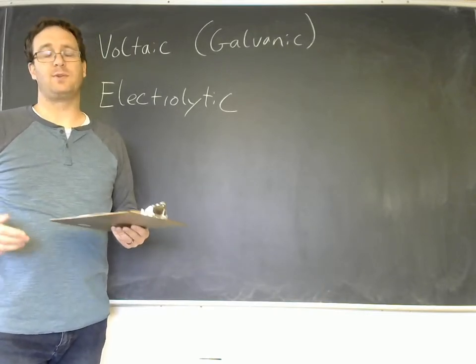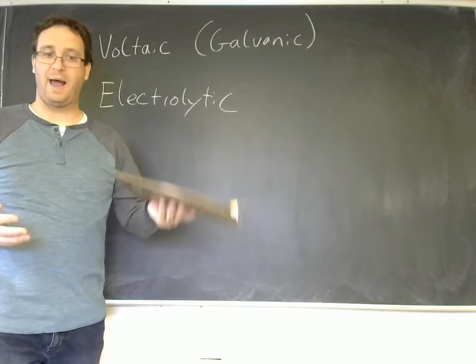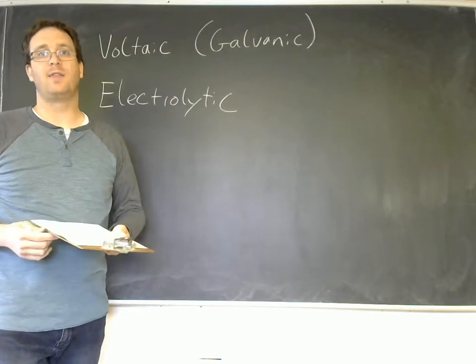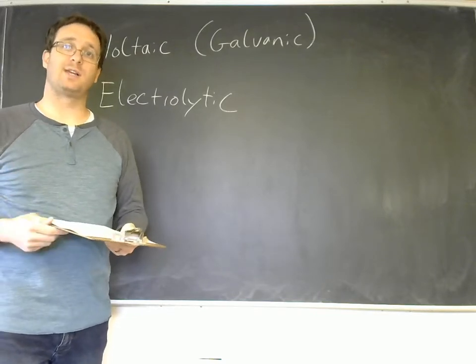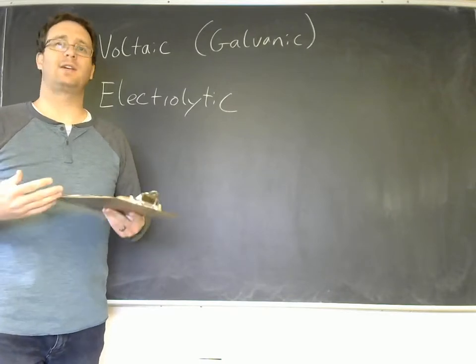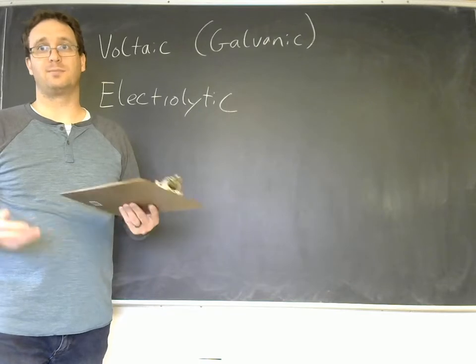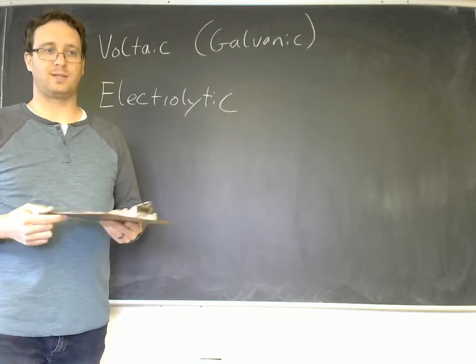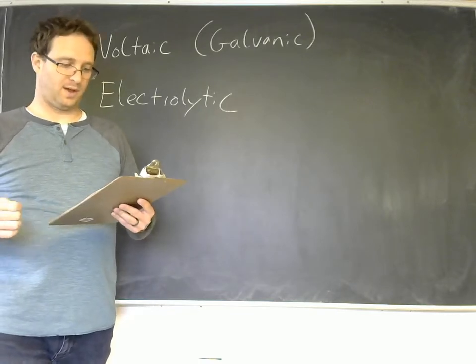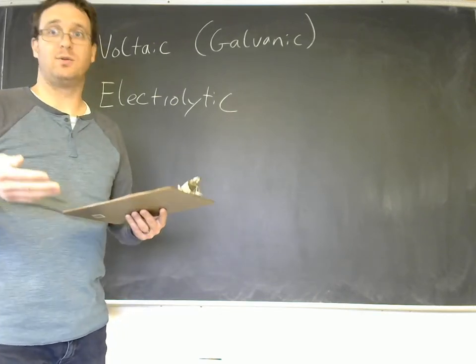But if you hook up an external source of voltage, like say another battery or a generator or something, then you can force these non-spontaneous reactions to proceed anyway. So they drive the electrons against their natural flow in order to achieve whatever electrochemical product you want.